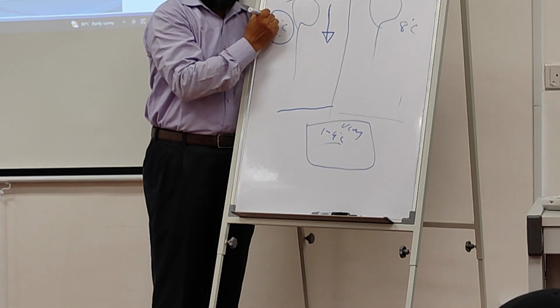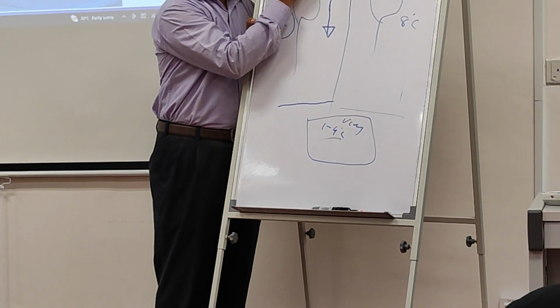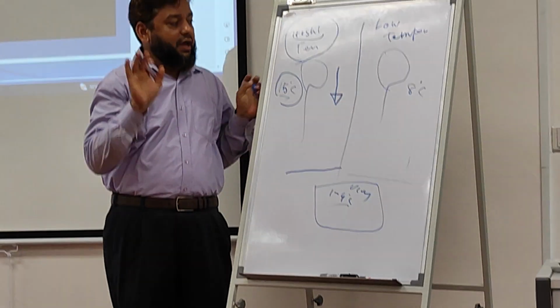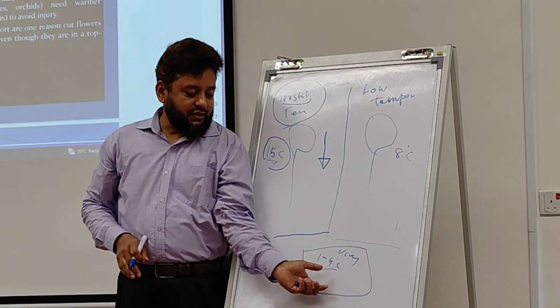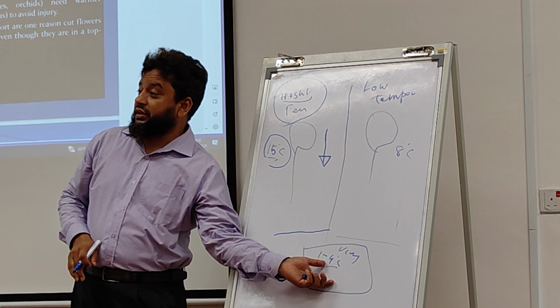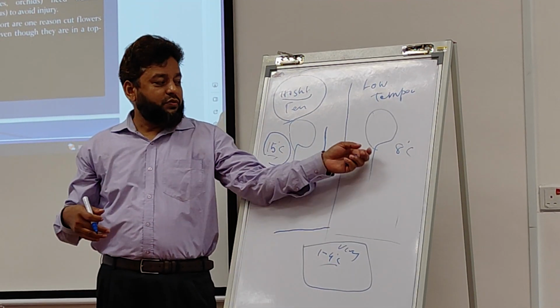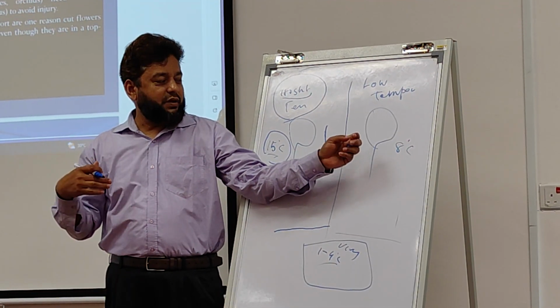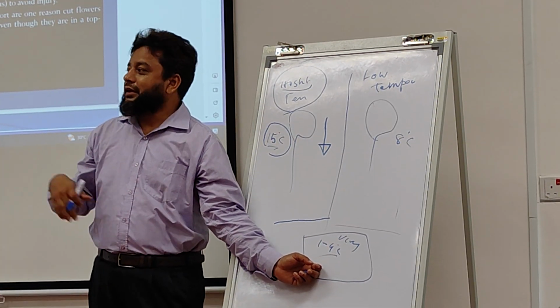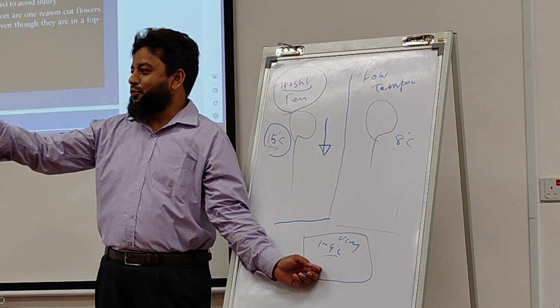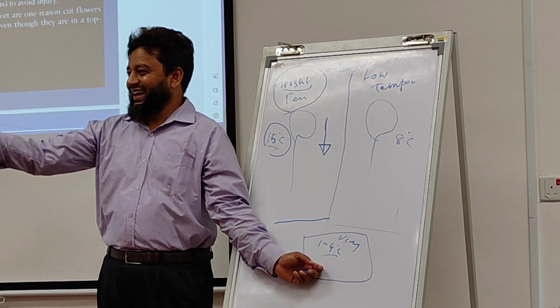Because it has very high temperature, so the rose is spoiled. Then there is low, around 8 degrees, and another very low, 1 to 4 degrees. Now the storage life will be high in which one?